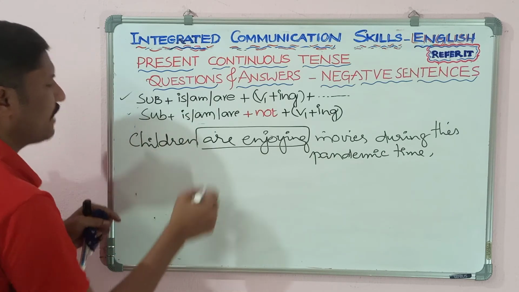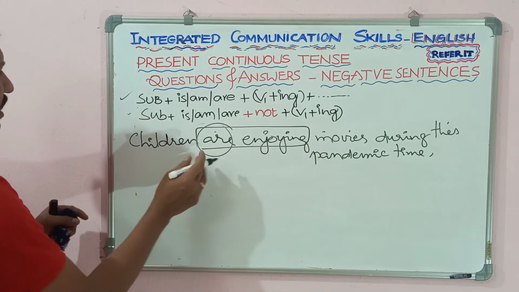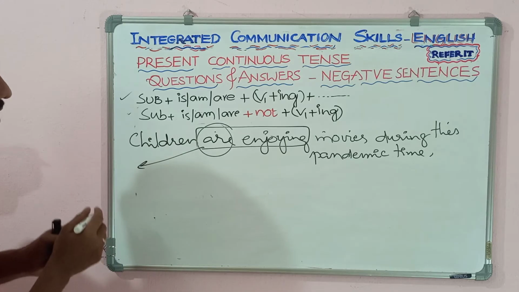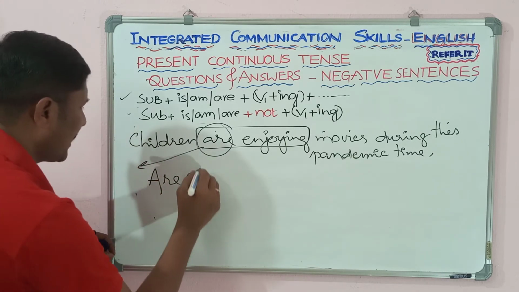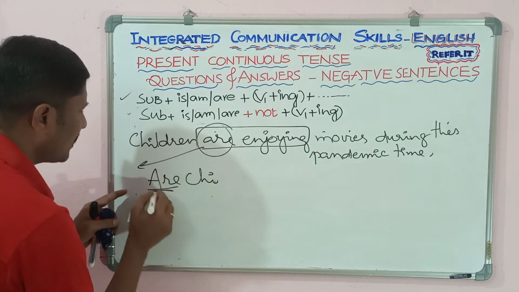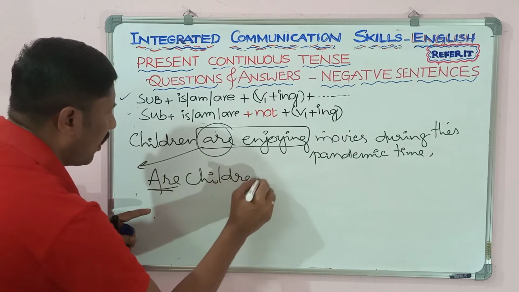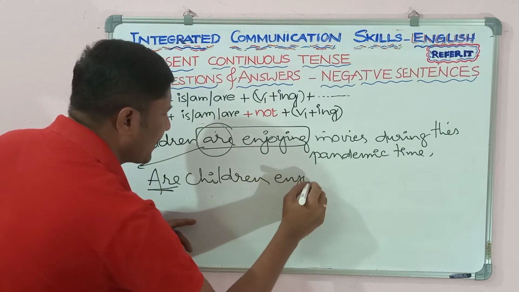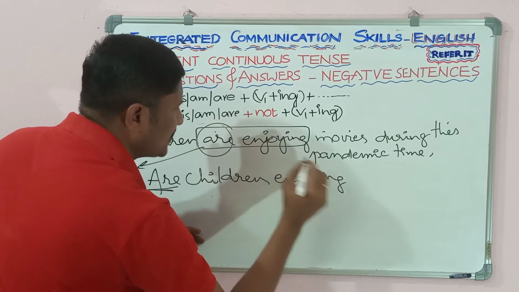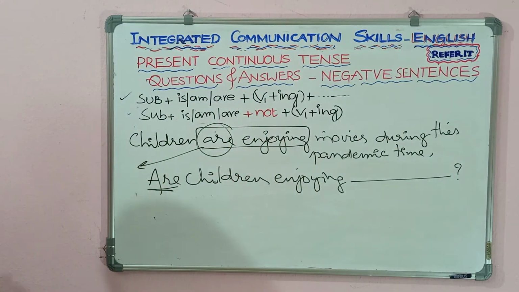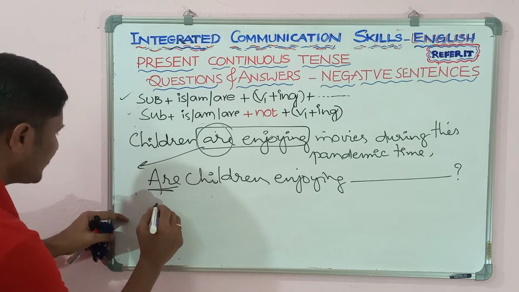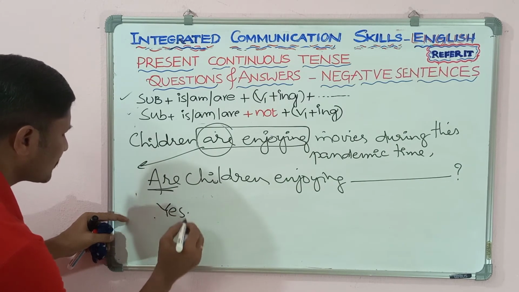Before that, I am going to write a question for this. Bring this helping verb to the beginning of the sentence. Are children enjoying movies during this pandemic time? This is the question. If it is yes, then you can write yes.